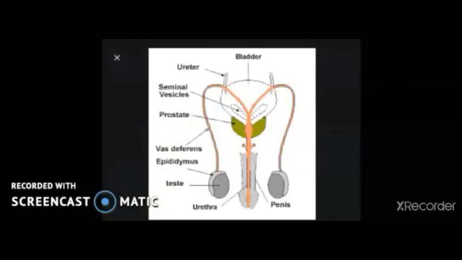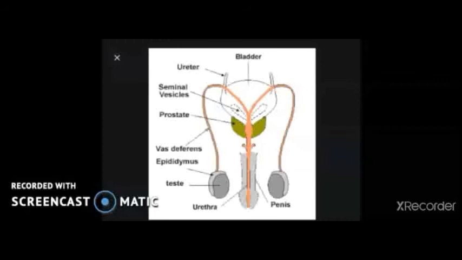What is semen? Semen is a whitish fluid which is ejaculated during sexual intercourse, which contains spermatozoa and a mixture of secretions from the seminal vesicles, prostate gland, and the Cowper's glands. A single ejaculation releases about 3 to 4 ml of semen, which contains about 300 million sperms.